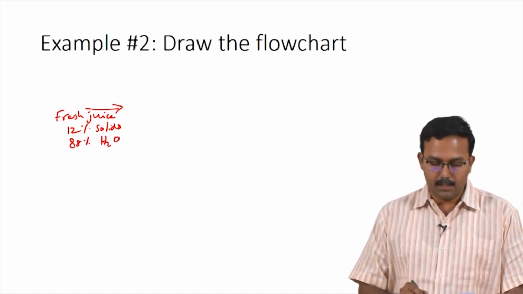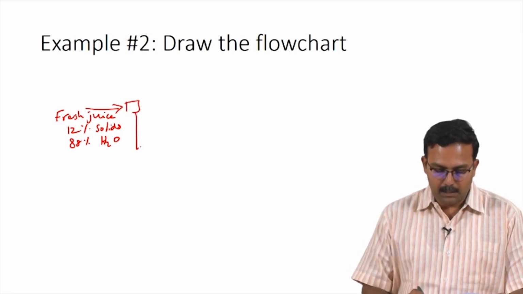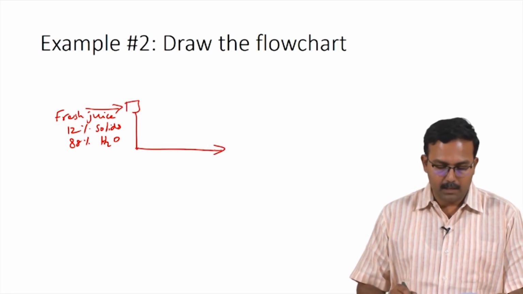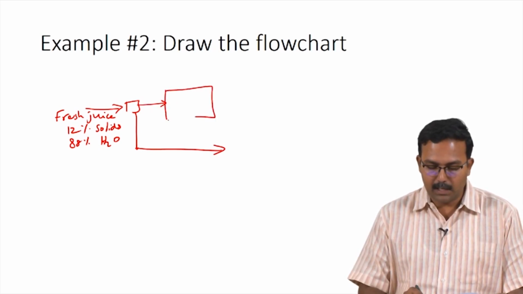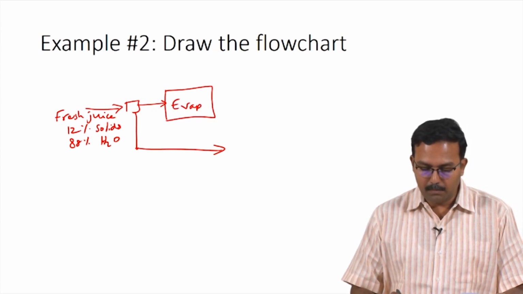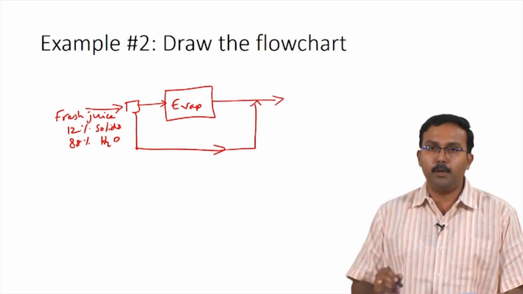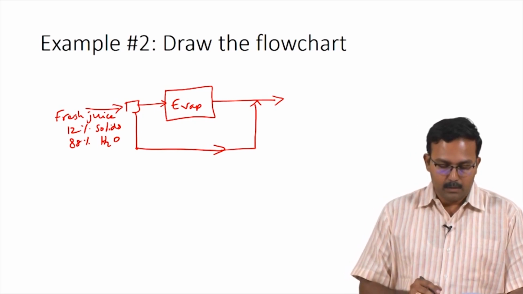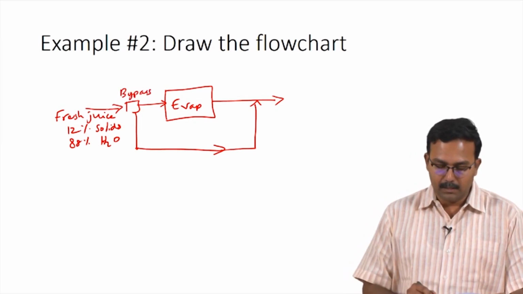This is now separated probably by a splitter, and some of it bypasses the evaporator while the rest enters into the evaporator, and whatever is coming out bypassing the evaporator is mixed with the product from the evaporator to produce the final product. So, now this position would be the bypass. So, this is the splitter.